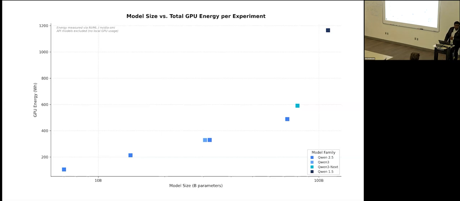Quick comparison: I don't know if anyone here knows, but the average energy cost of running your dishwasher is 1 kilowatt to 2 kilowatts. So the black dot up there is like running your dishwasher once, which is the Qwen 1.5, for 300 questions. So this is basically a summary of what we got with the local setup.